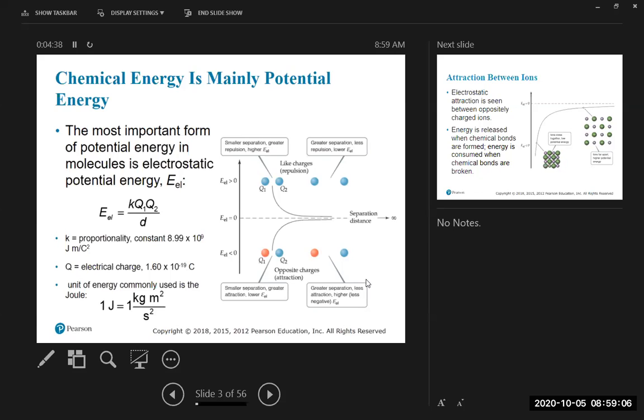Q is the charge of the molecules, and so that'll be coulombs. So in order for my units to cancel out on that proportionality factor and be left with just joules, I would have to have the D in meters, and the Q's would have to be in coulombs.